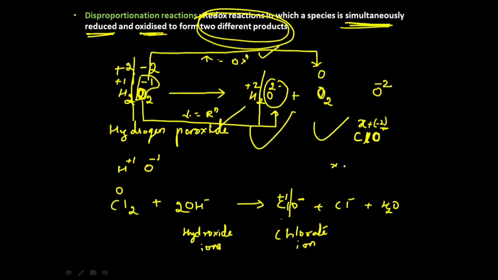So X plus minus 2 is equal to the overall charge on the ion, that is minus 1. Therefore X will be equal to minus 1 plus 2. When you shift this to the RHS, you will get plus 1. Therefore chlorine will attain plus 1 oxidation state. I think you are getting this. Okay. If you can't understand this, please come and ask me.